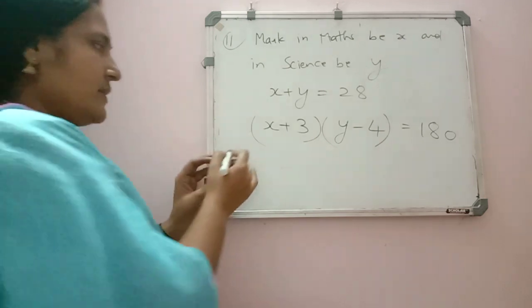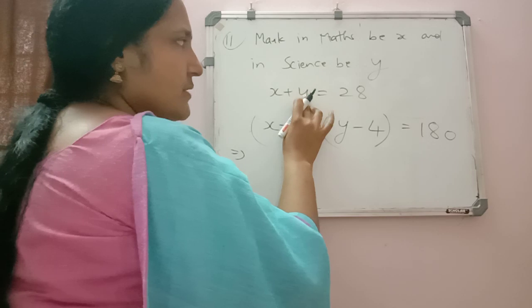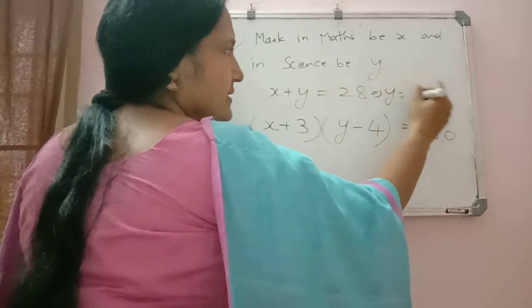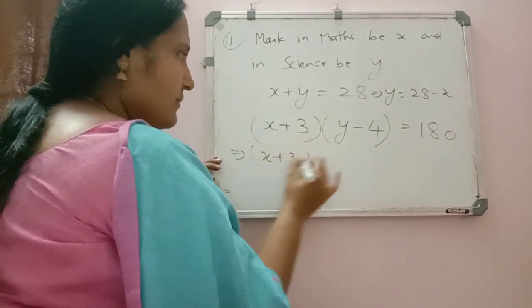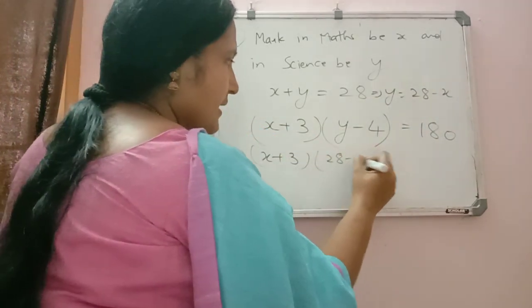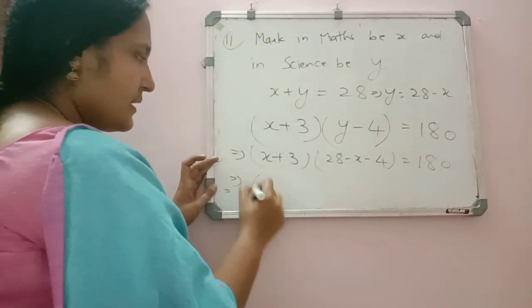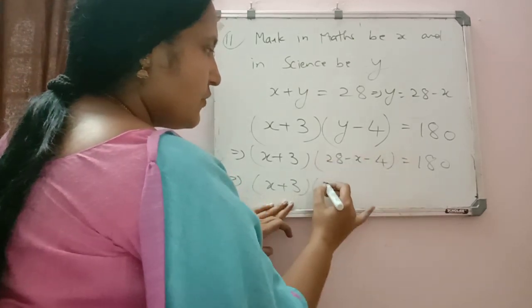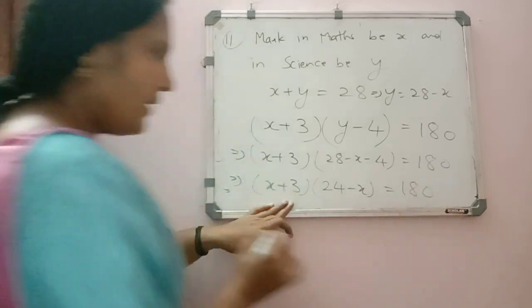Now we will solve this one. So again, don't multiply directly from this equation. We can rewrite y as 28 minus x. So in place of y, substitute 28 minus x. Minus 4 is equal to 180. x plus 3 into 28 minus 4 will be equal to 24 minus x is equal to 180.